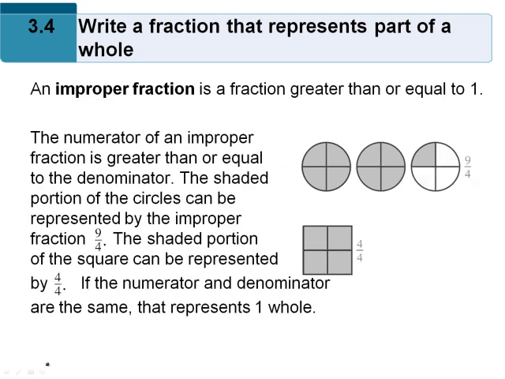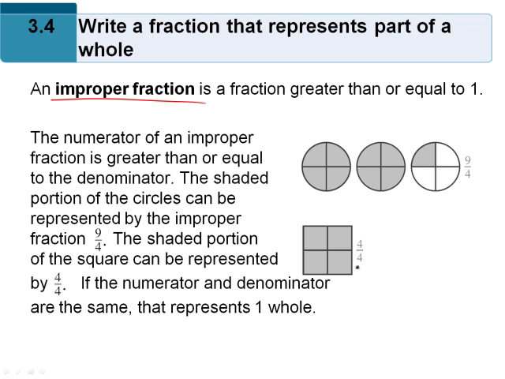All right, an improper fraction is a fraction greater than or equal to 1. So when we're talking about an improper fraction, the numerator is always going to be greater than or equal to the denominator. A lot of people look at 4/4 and think, oh, that's not an improper fraction, but technically it is. An improper fraction starts at 1 and goes on out.